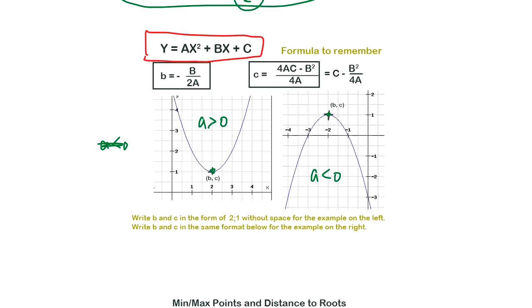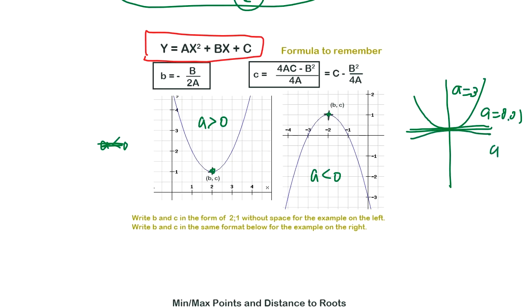If A is negative, the curve looks down like this. A is 3, right, and it becomes very flat for A equals 0.01. Very flat, A equals negative 0.01, and A becomes negative 3. So for quadratic equations, the curve on the graph depends on A.